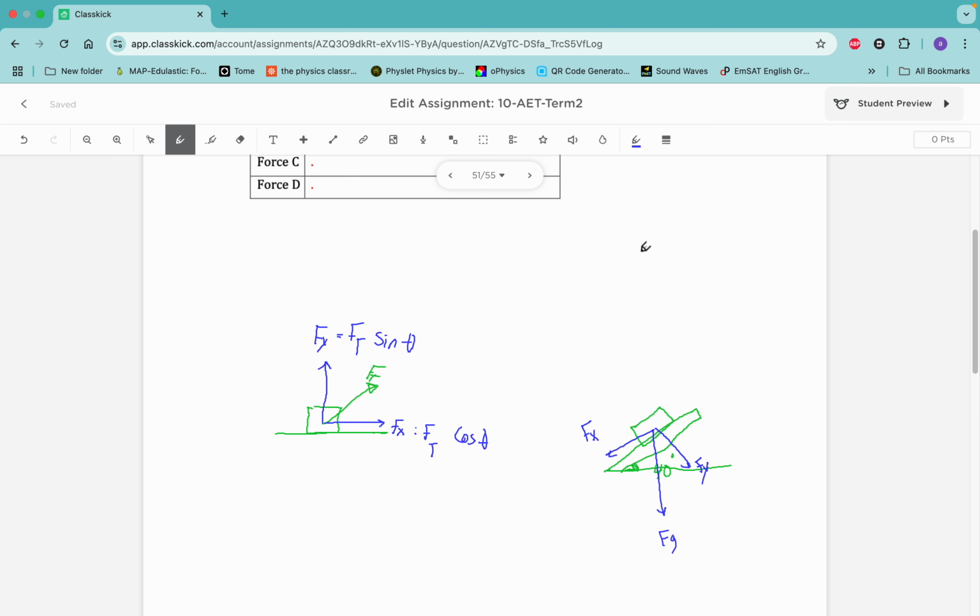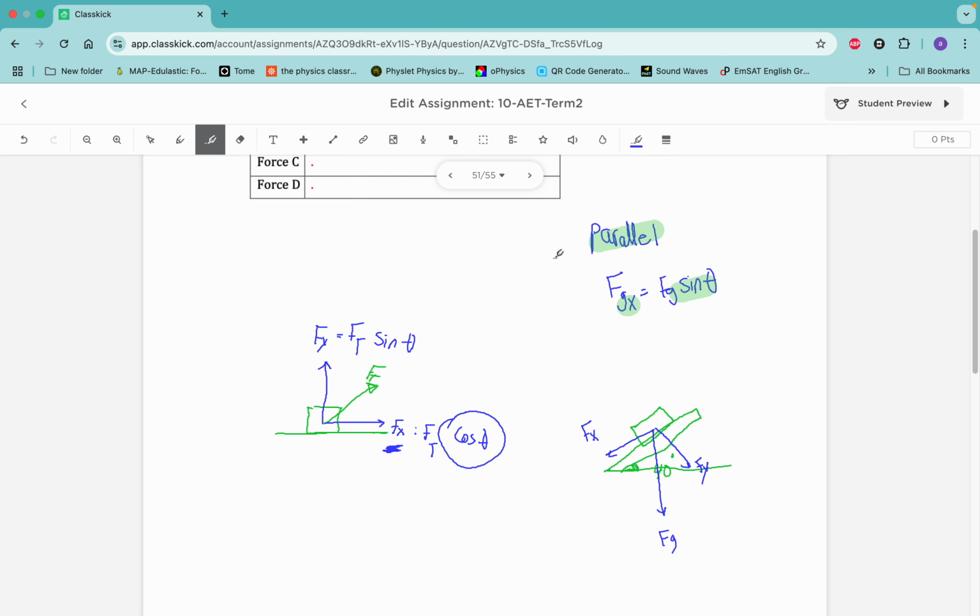Now in this case, the parallel component, Fgx, will be calculated using sine, so it's Fg sine theta. In the case of an incline, the x component is calculated using sine because this is the parallel component, while on a horizontal surface the x component uses cosine.